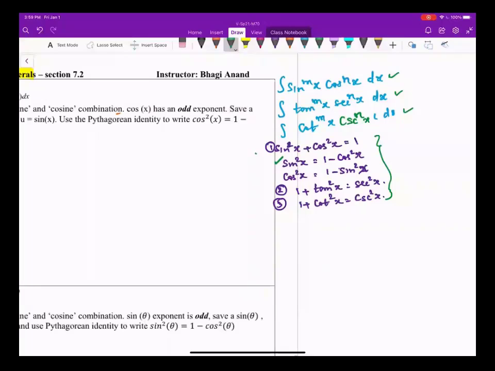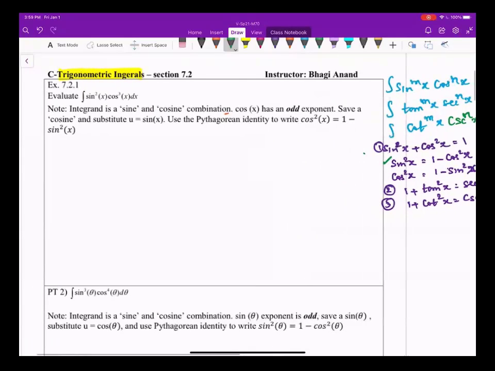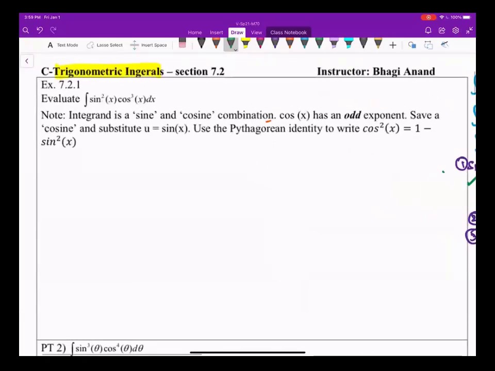Then one more Pythagorean identity is 1 plus tan square equal to secant square x. And the third, 1 plus cotangent square equal to cosecant square x. We'll be often using these trig identities throughout our calculus 2 class. It's worthwhile memorizing those.